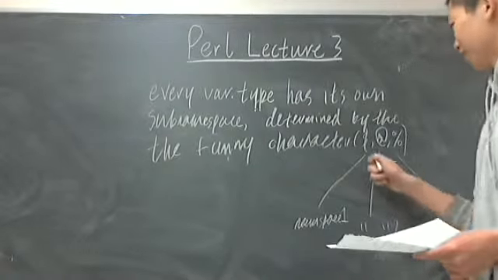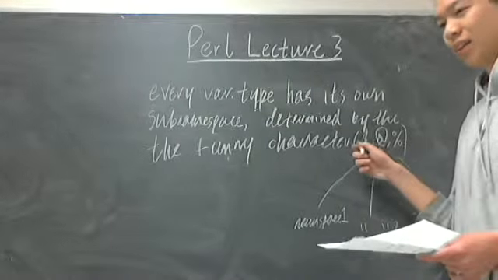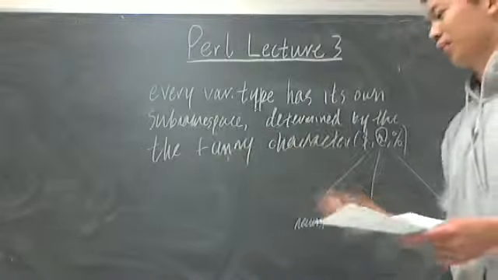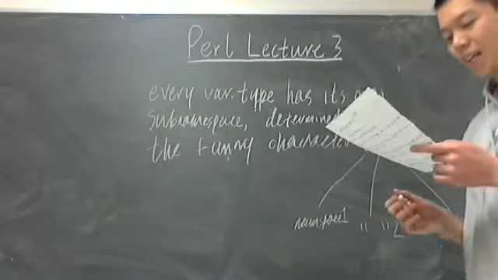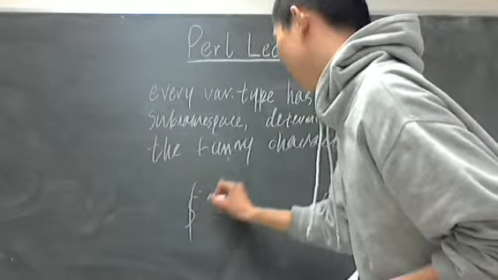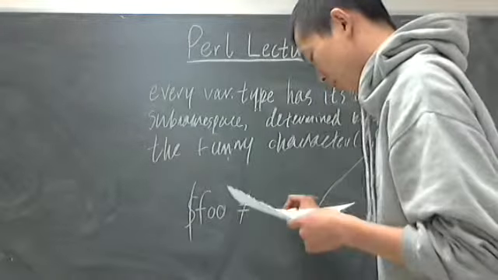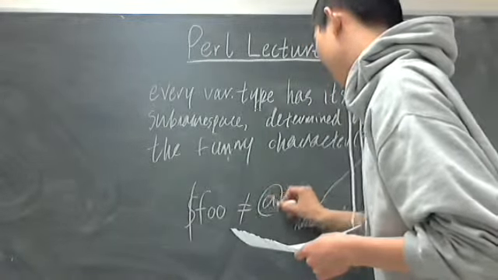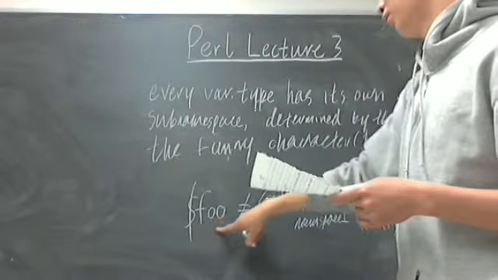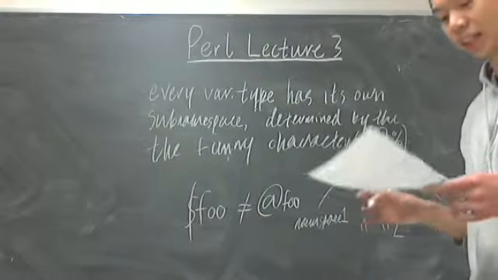So based on the particular data type, they have their own sub namespaces, and what that means is that in Perl, $foo does not equal @foo. You can name some scalar foo and name some array foo, and they'll be completely different.